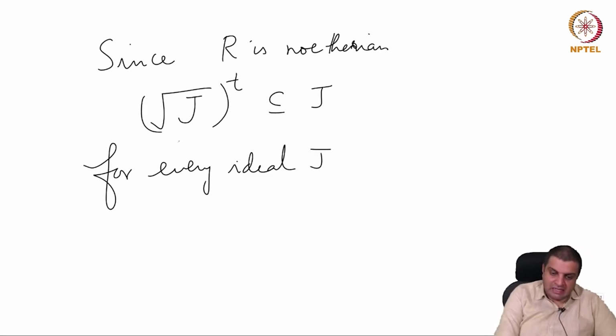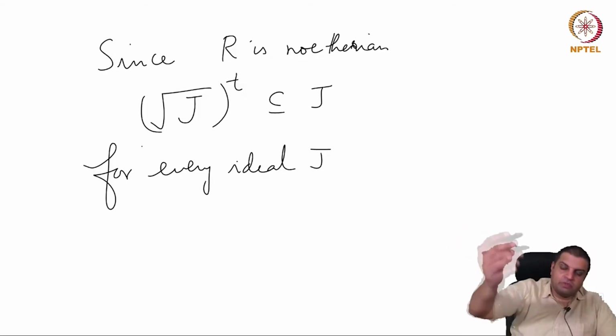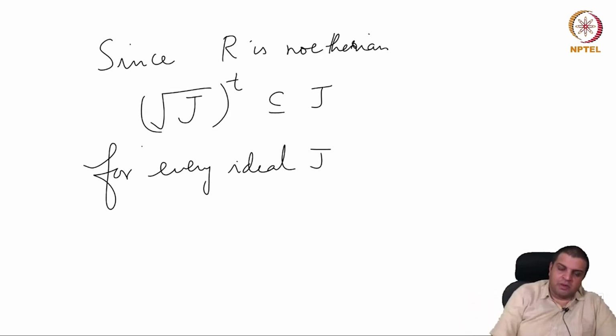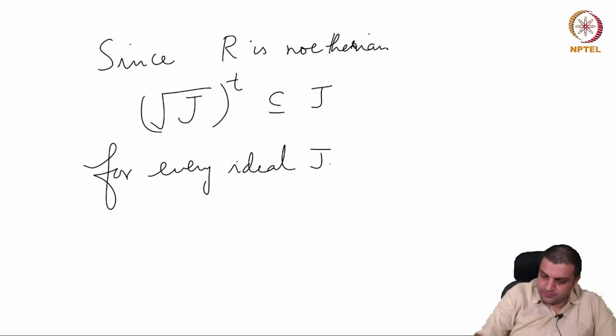Remember, this is the radical. So if this is finitely generated by, let's say, x1 through xn, then x1 to some t1 is inside J, x2 to some t2 is inside J, and then we can just take some very large power, and then an arbitrary linear combination of the x's will also be inside J. All that is used here is that this ideal is finitely generated.